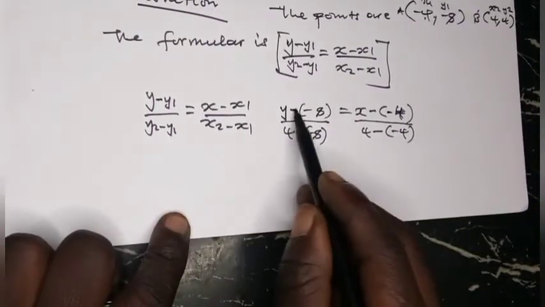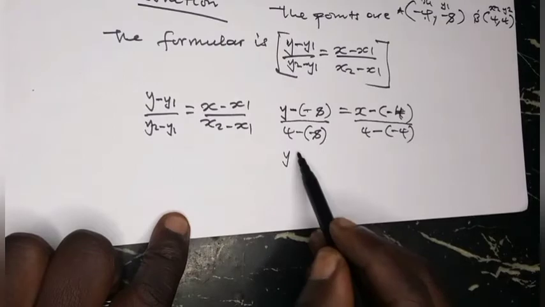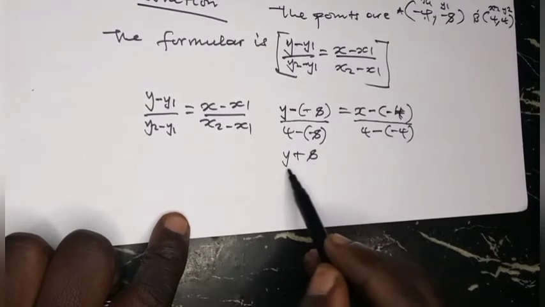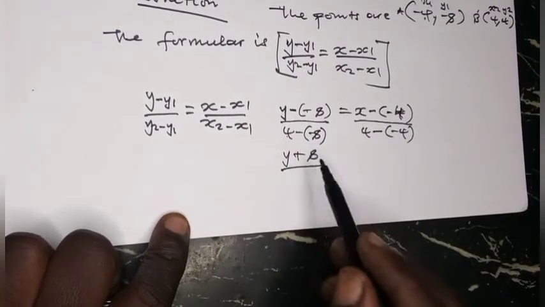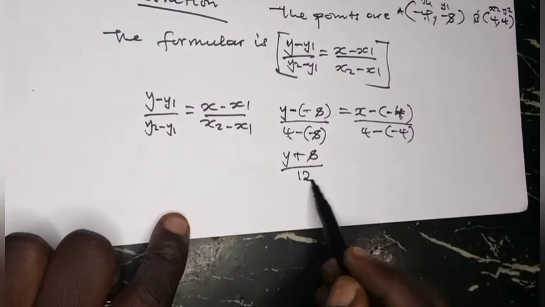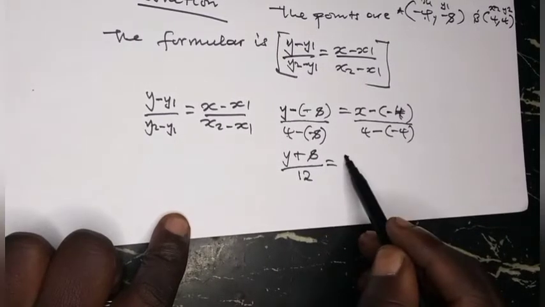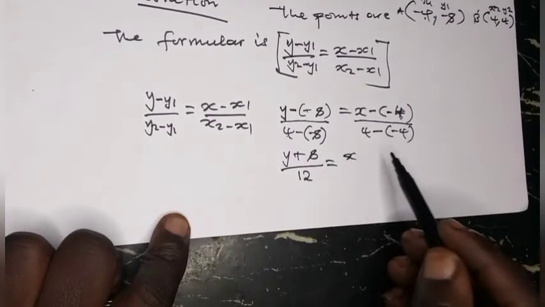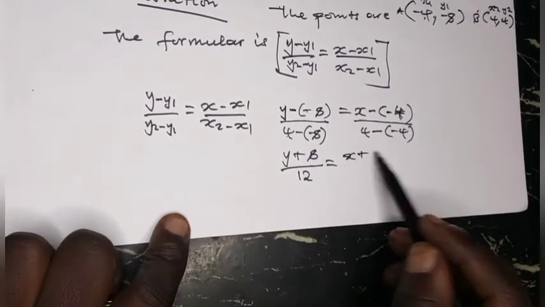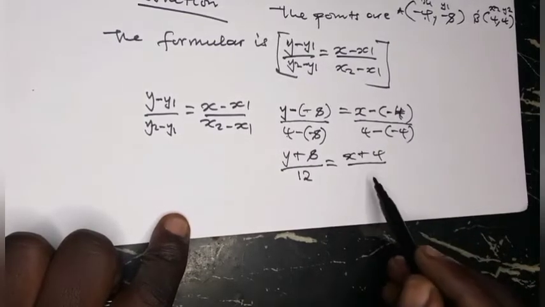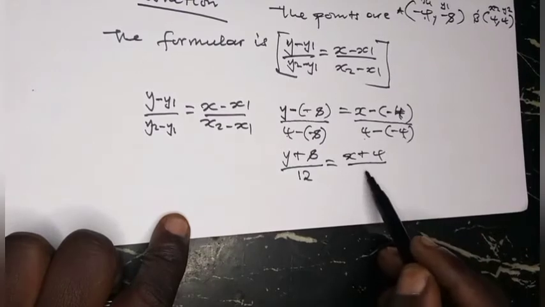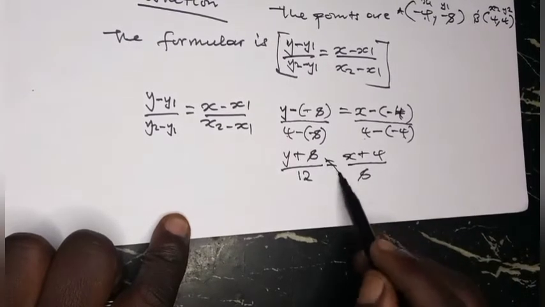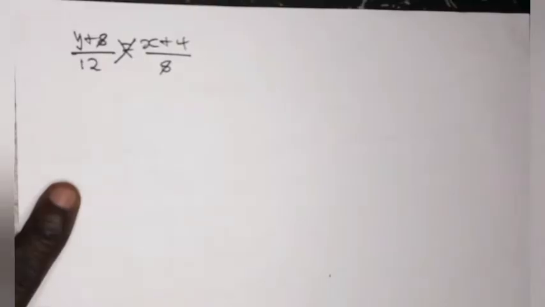So (y plus 8) over (4 plus 8), which is 12, equals (x plus 4) over 8, which is 4 plus 4, and we cross multiply.